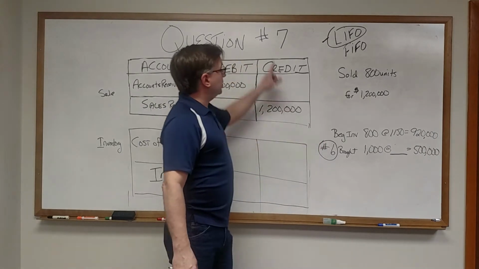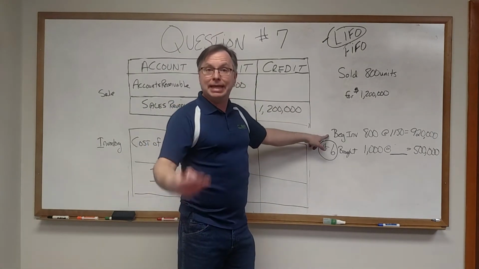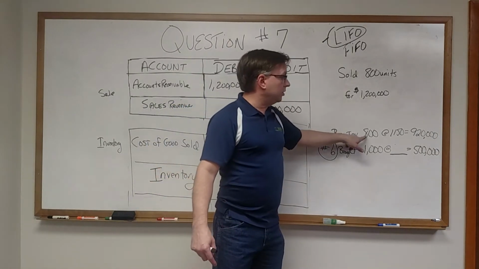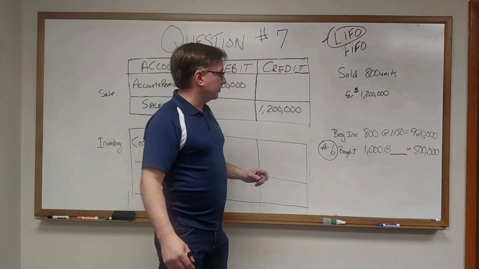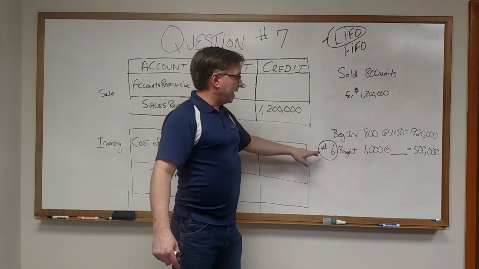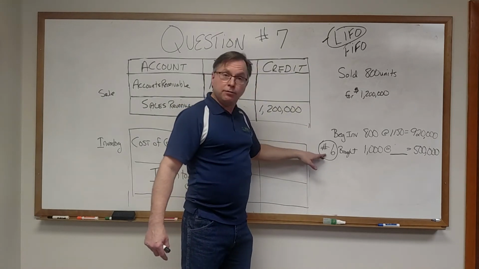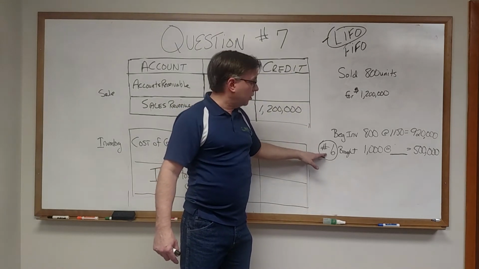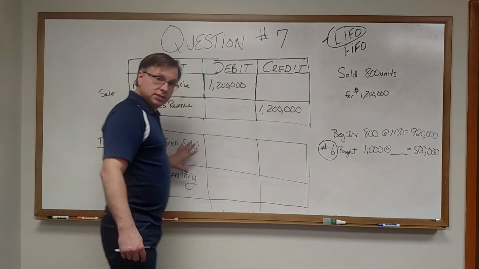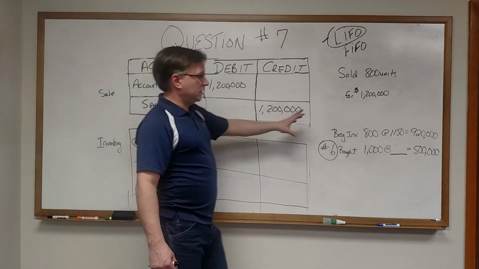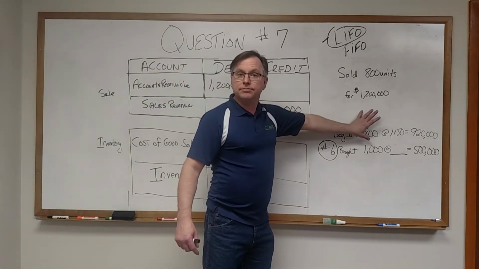But in this question number 7, you'll also see that we had a beginning inventory of 800 units for $920,000 in the problem. So under LIFO, the last stuff in, or that stuff we bought in number 6, was the first stuff out. So it was the stuff that we actually sold. The old stuff is still here.